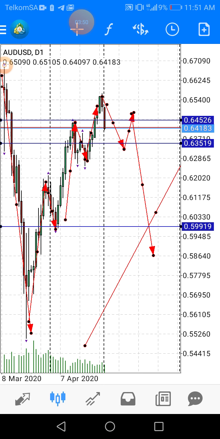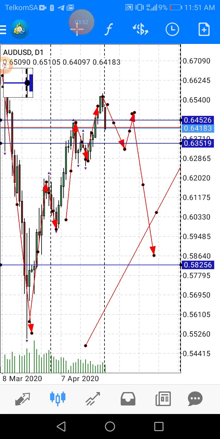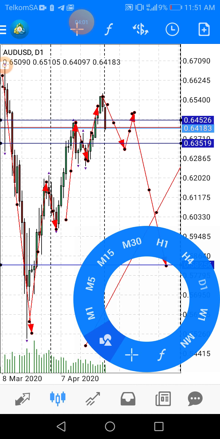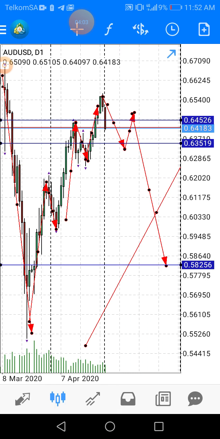Well, I think the price might still go down and find new support, break this Fibonacci level, then the extension level. From the extension level, we might see another impulse up.